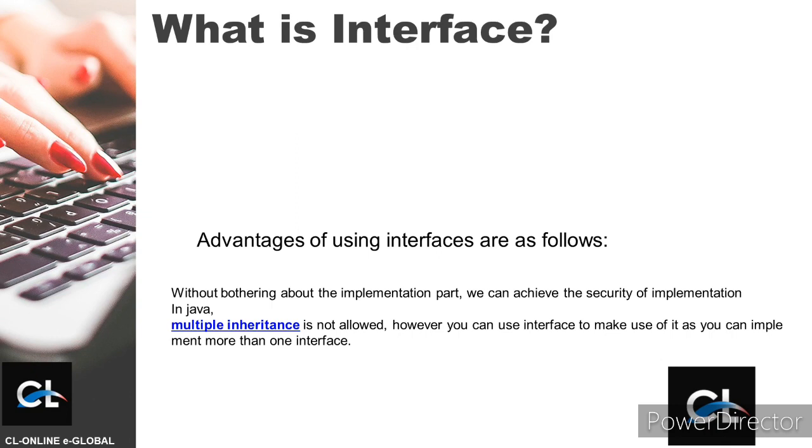One is primitive, another one is non-primitive or composite data type. Under composite data type, we have the concept of class, array, and interface. So let's have a look at the definition of interface.